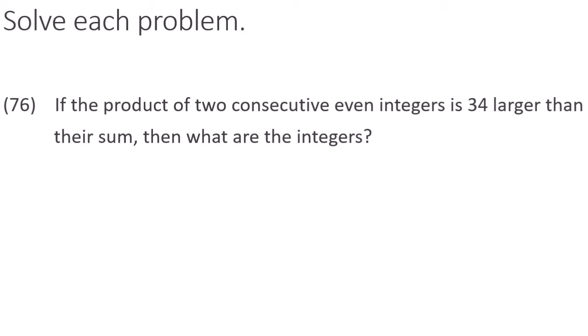This one we have the product of two consecutive even integers, right? So remember, for even integers, if the first one is x, then the second one would be x plus 2. So the product of two consecutive even integers means we're going to multiply x times x plus 2, and that's going to be 34 larger than their sum.